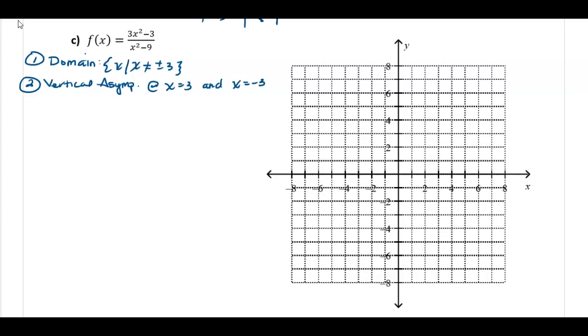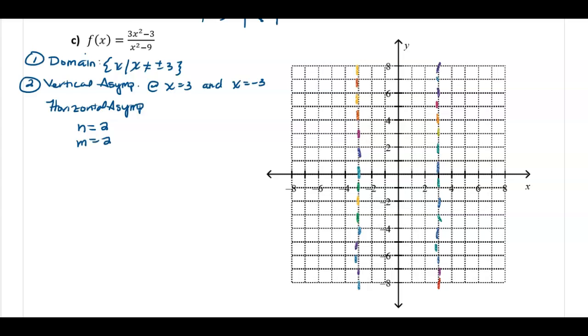So here's our negative 3. So I'm going to go ahead and put in a vertical asymptote here. Then at positive 3. Now we have to look for our horizontal asymptotes. Now my n, the degree of my numerator, is 2.